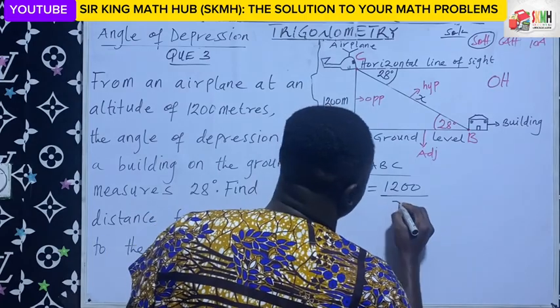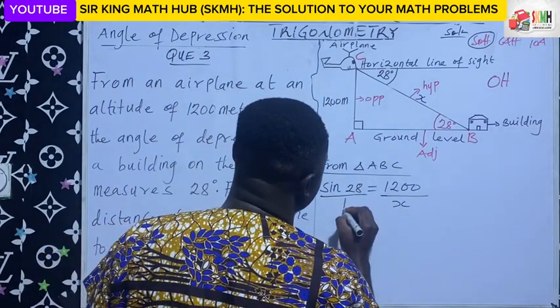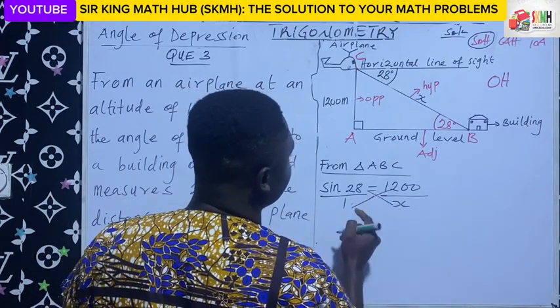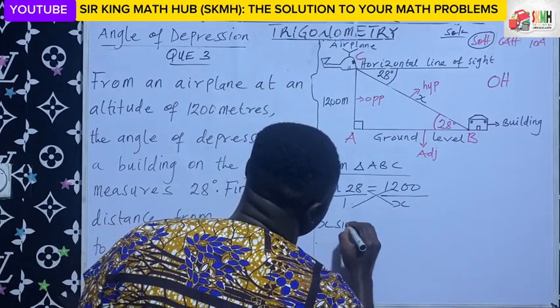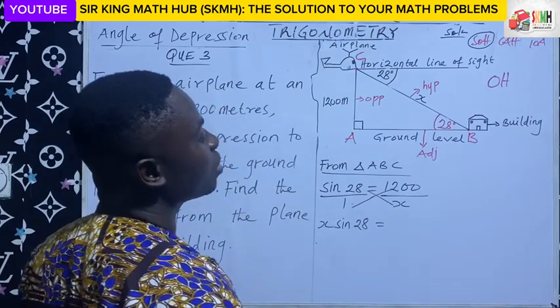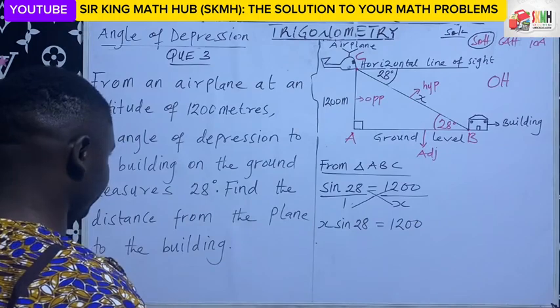Don't forget, we are looking for x. So sine 28 is the same as sine 28 on 1. You can cross multiply. Then x times sine 28, x sine 28, and then 1 times 1,200. That should give us 1,200.